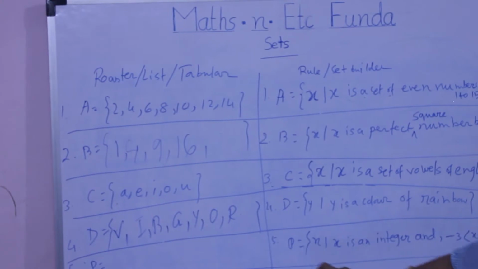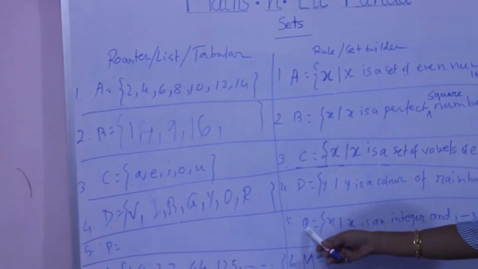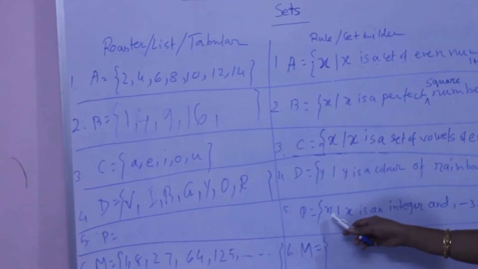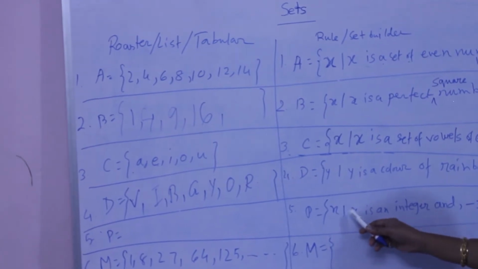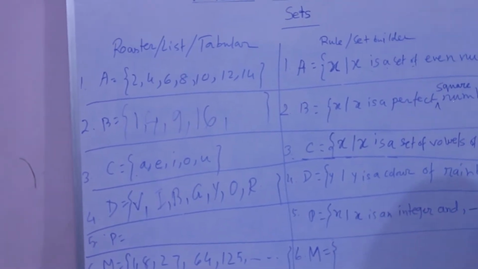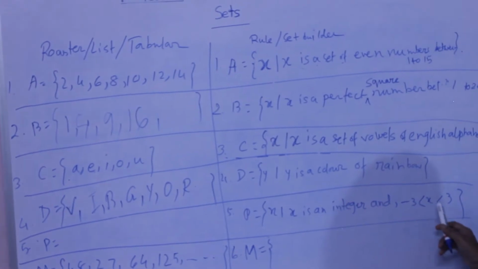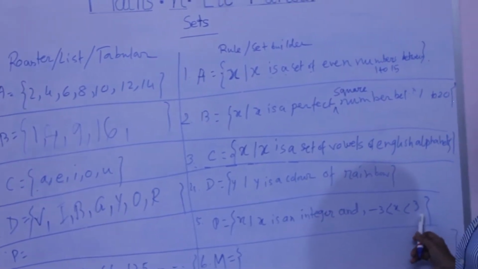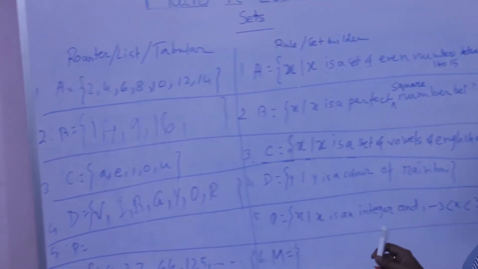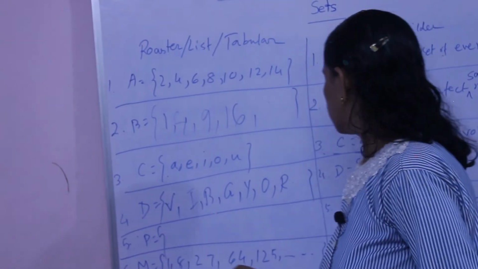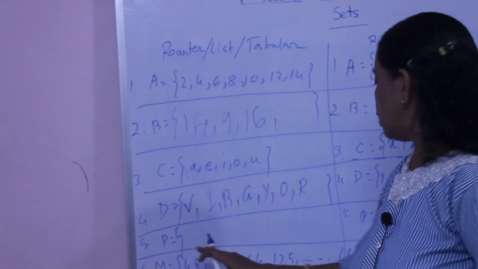Now question number 5. P is a set in which X is an element, X is an integer and X is between -3 and +3. So what will be the elements here?